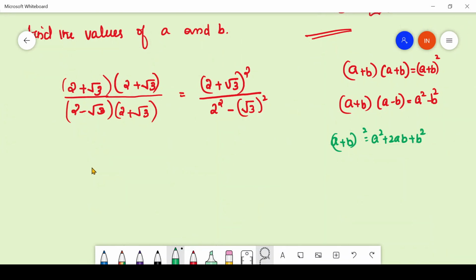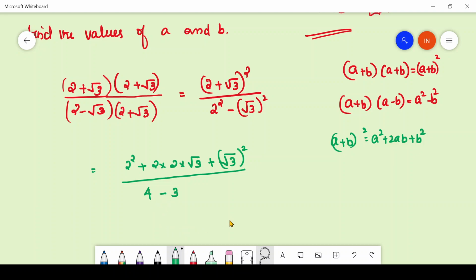So now I'm going to change the numerator, that is a square. A square is 2 square plus 2 into a into b, here root 3, plus b square, that is root 3 square, divided by the denominator. You can see 2 square is 4 minus root 3 square is 3, right?